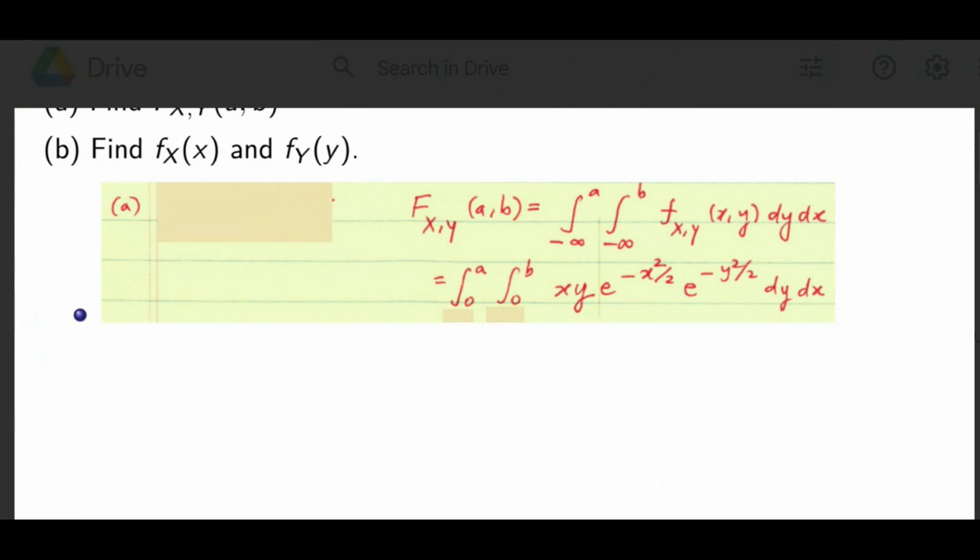I think you also know the reason why. But the complete definition is you need to integrate over everything before A and everything before B for Y. Okay, so digest this fact. The region you want is X before A and Y before B. So you need to integrate over this entire region.